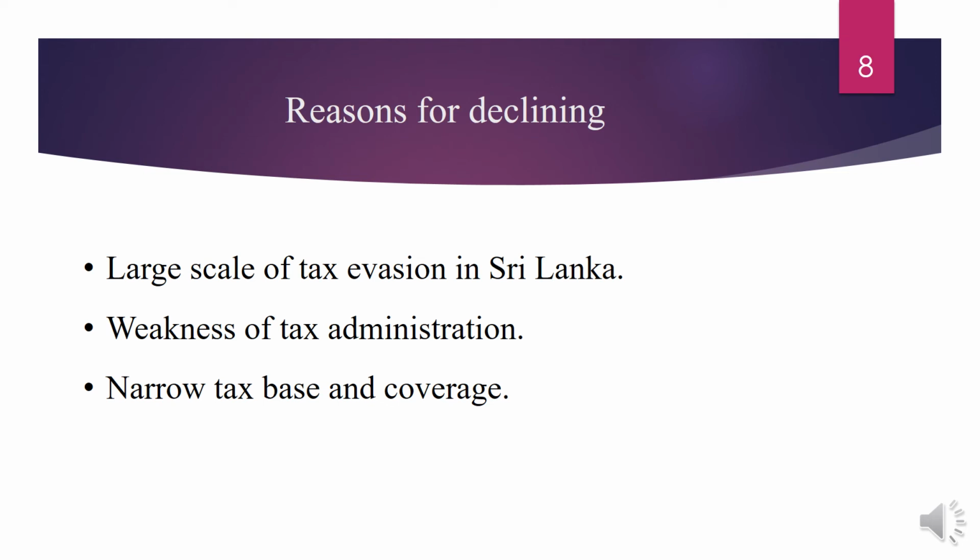Sri Lanka government tax revenue depends heavily on indirect taxes. There should be a fair balance between direct taxes and indirect taxes. But in Sri Lanka approximately 80% of tax revenue comes from indirect taxes and the remaining 20% depends on direct taxes.